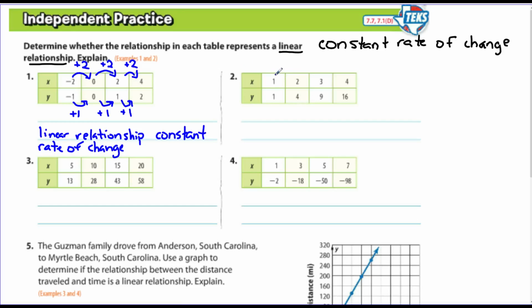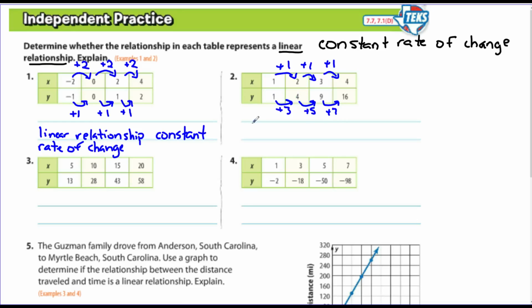So we look at the change in x. This is +1, 2 to 3, +1 again, 3 to 4, +1 again. We look at y. From 1 to 4 is +3. From 4 to 9 is +5. And from 9 to 16 is +7. So even though x is constant, y changes: it goes 3, 5, 7.